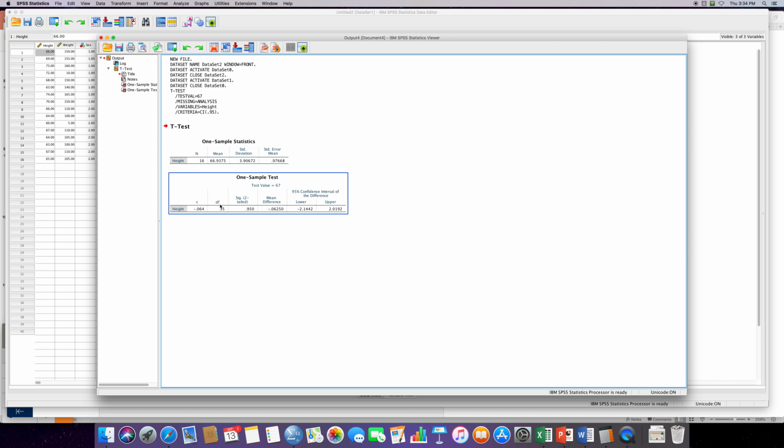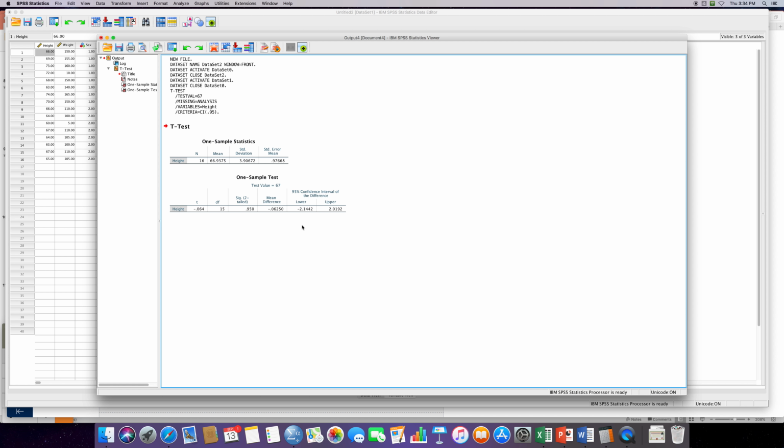We don't go t significant versus t critical, or t obtained. For this one, we're going to look more at our degrees of freedom and the significance level.